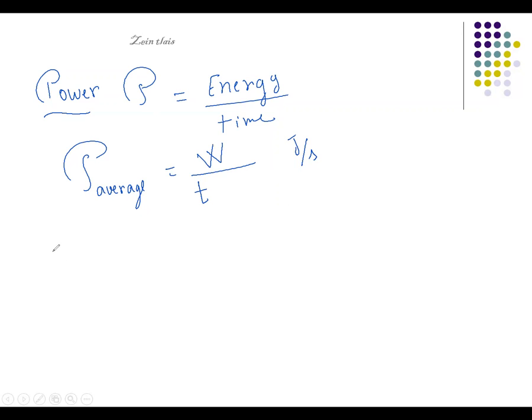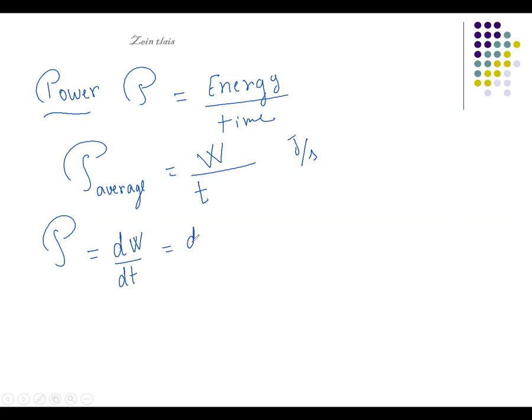Let's take the instantaneous power P at a special time, equal to dW per dt.